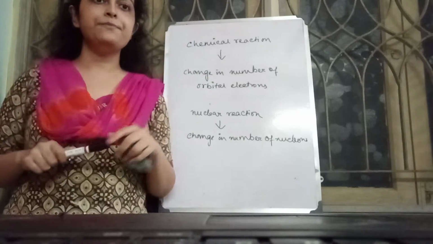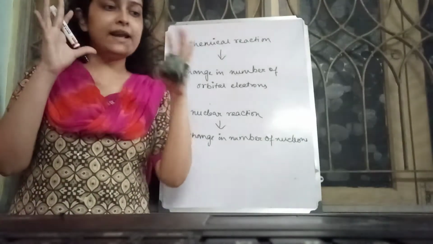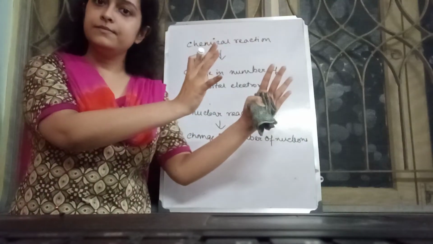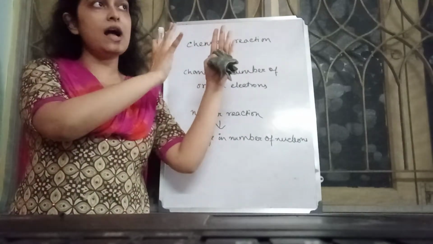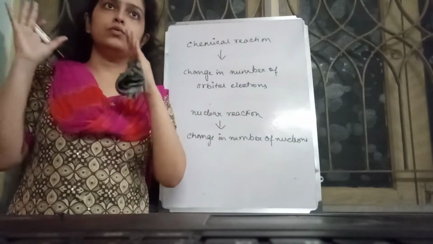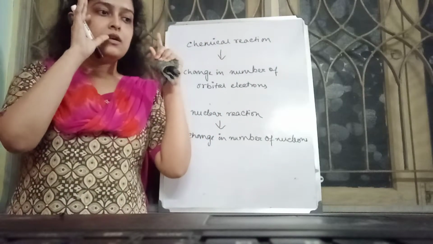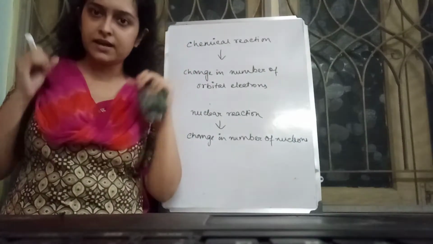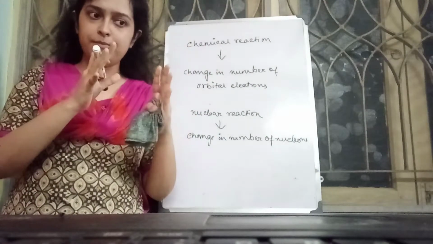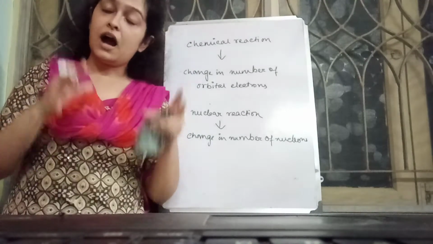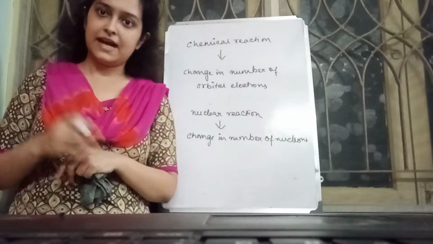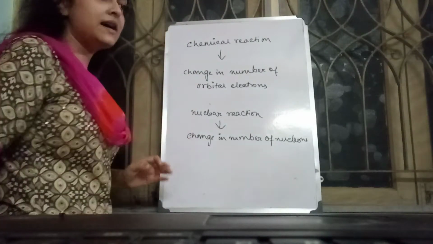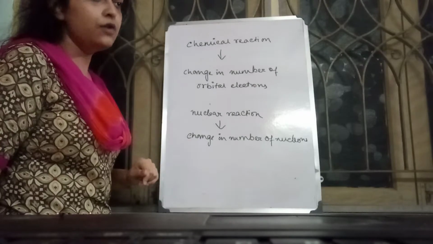So that is why we will see that whenever there is a nuclear reaction, say you have two reactants, whatever is the sum of their mass numbers or atomic numbers, the total sum will remain conserved after the reaction. That means for the products, the sum of the mass numbers and atomic numbers will be the same.